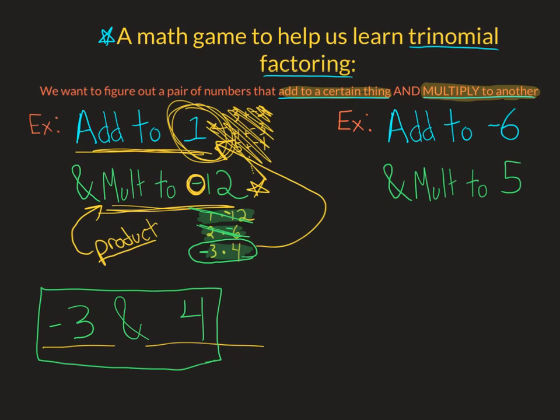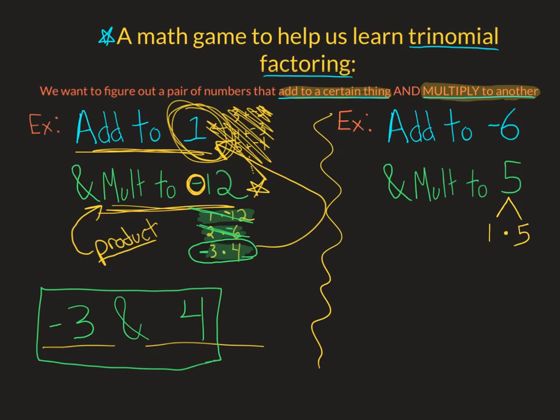I'll show you again real quick. It adds to negative 6 and multiplies to 5. Oh, well, geez. How many factors are there to 5? 1 and 5. Hello. Can't get any easier than that. All we got to do is figure out the sign. Okay. Now, this is the other type. I've given you an example of each type here.